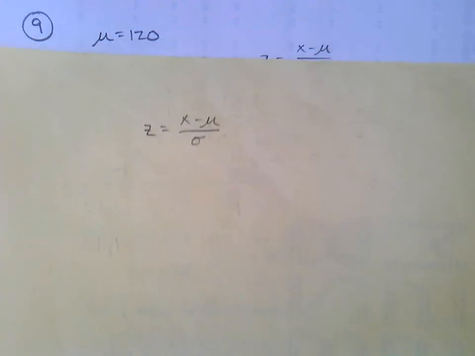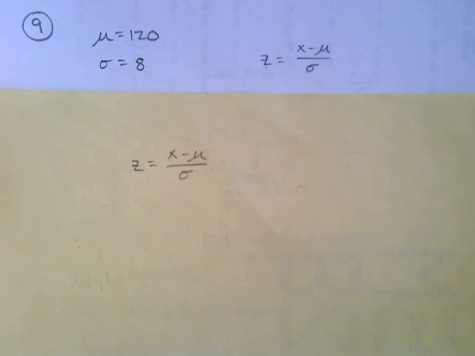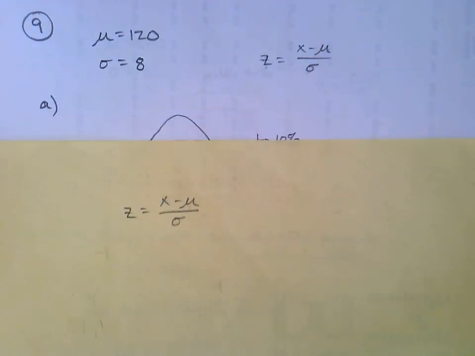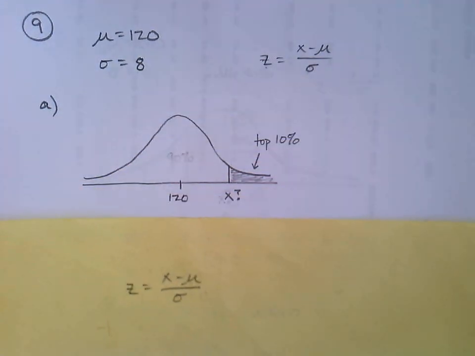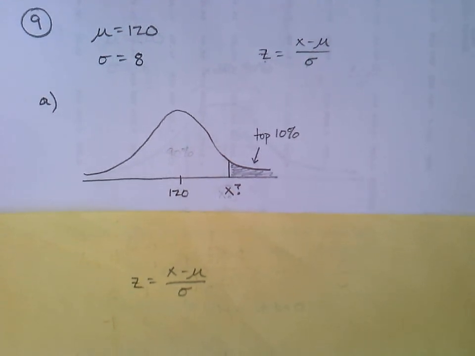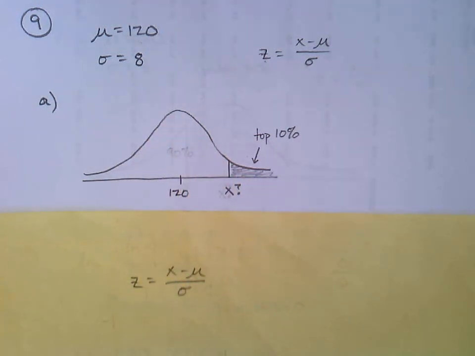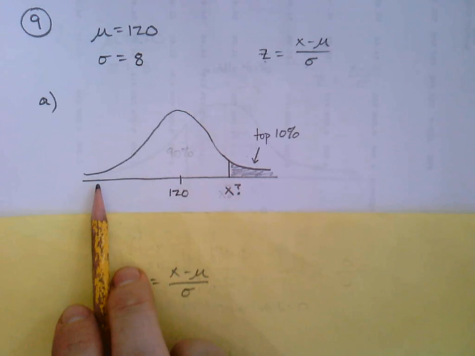Let me explain that a little bit further with a graph. Okay, let's recap our information. We got mu equals 120, sigma equals 8. We're going to use our formula. Here's a graph I find very helpful to wrap your head around what they're giving you and what you need to do. Draw yourself a quick bell curve like that. Draw that line underneath.